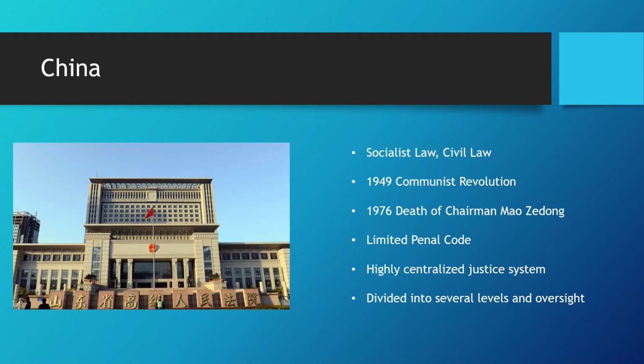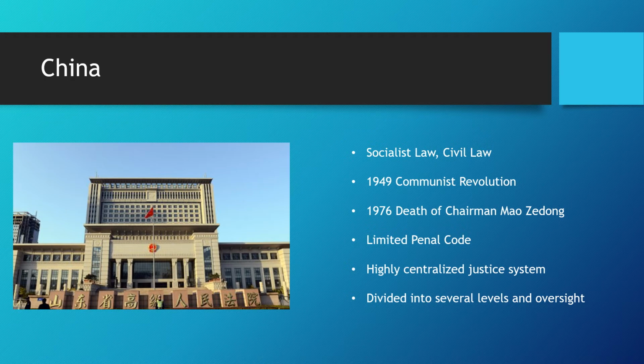Supposedly, in a communist system, everybody needs to be clear-cut, 100% equal. So rather than having a really strict and lengthy penal code like most civil law countries, they really just had unofficial customs and traditions where you just did what you were told by the Communist Party, and there was no way around it.